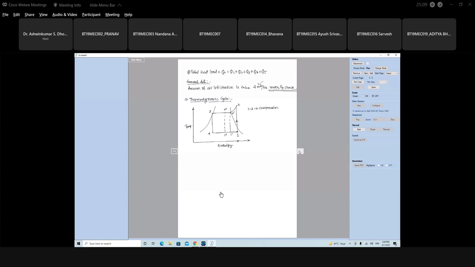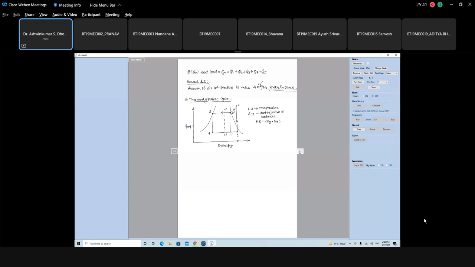Then 2 to 3 is heat rejection in the condenser. Heat rejection is given as, I am writing down the general expression, H2 minus H3.